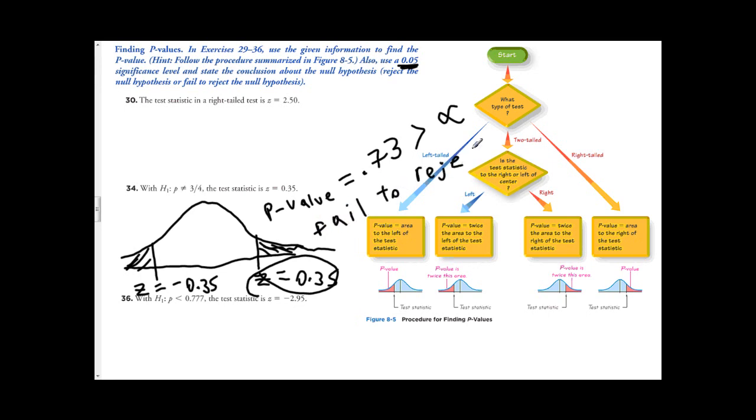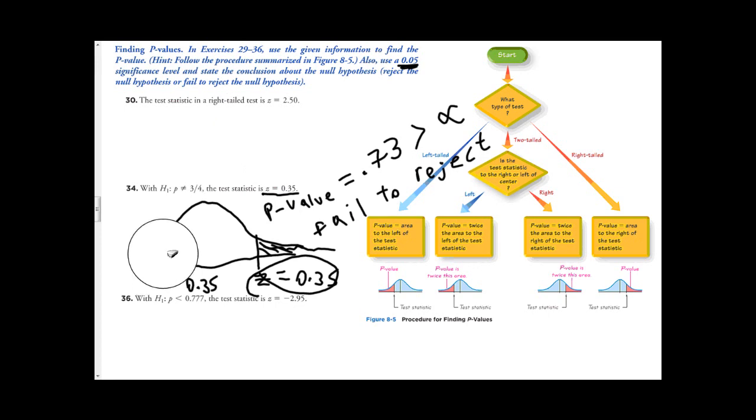So in this case, this hypothesis test leads us to fail to reject. And remember, most values fall within 2 standard deviations of the mean. So a z-score that's only 0.35 is not even 1 full standard deviation. So it's well within the range of usual values.